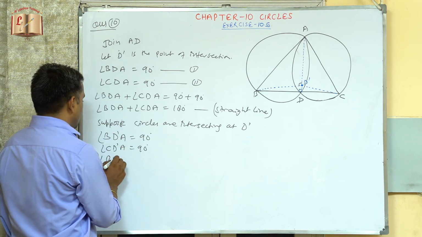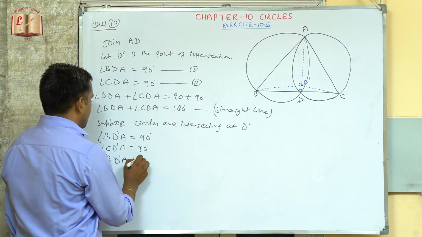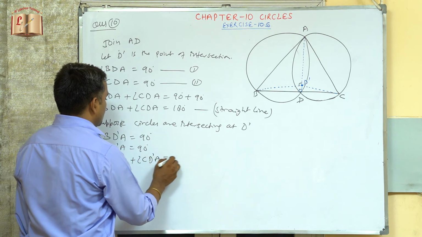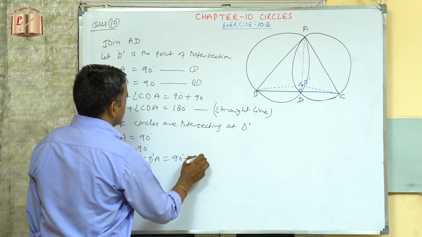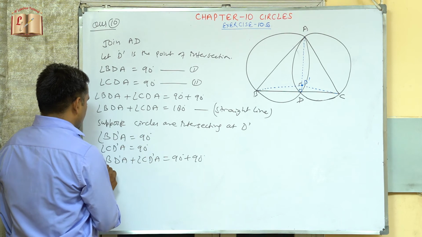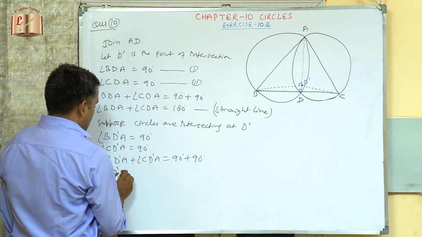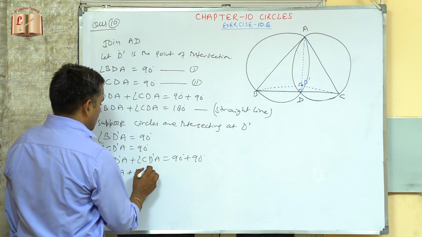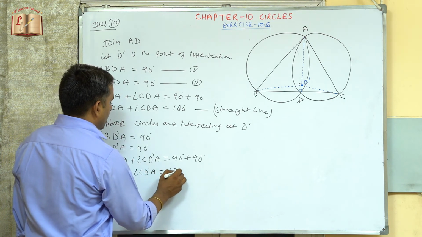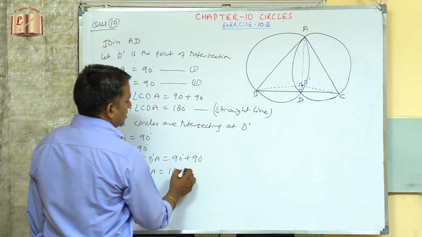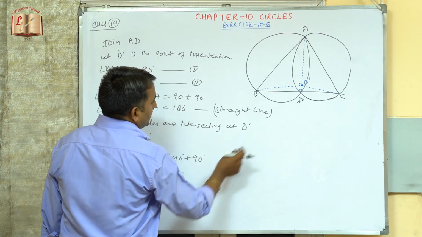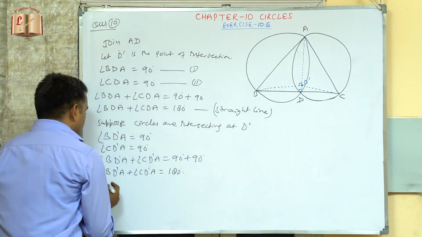So angle BD dash A plus angle CD dash A will be equal to 90 plus 90, so angle BD dash A plus angle CD dash A will be equal to 180 degrees. So this is only possible when D and D dash coincide.